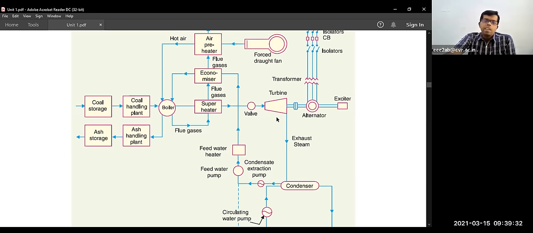So what we are doing is extracting the maximum mechanical energy out of it. That is the modern power plant. In this power plant, they are simply exhausting, but you can also add one more arrow mark to the boiler or to the turbine as feedback. Nothing wrong with that.